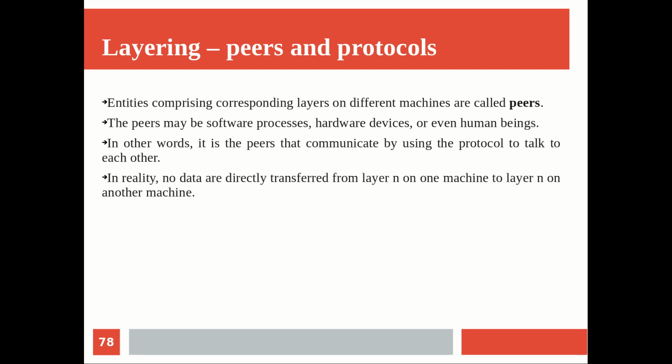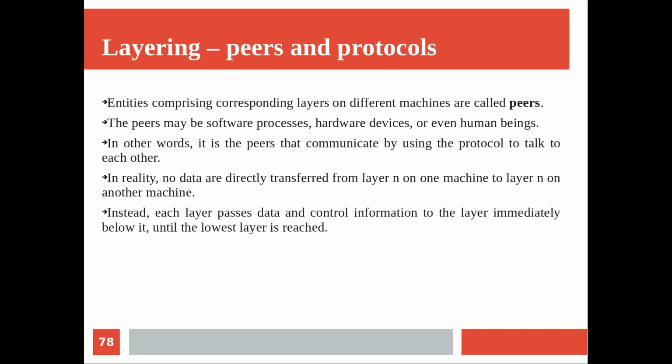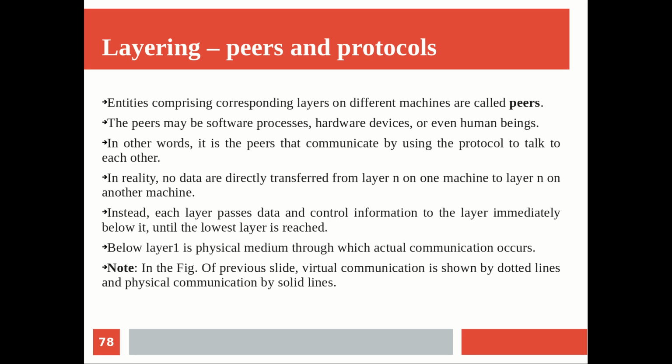In reality, no data is directly transferred from layer n on one machine to layer n on another machine. Instead, each layer passes data and control information to the layer immediately below it. That is what we saw in the previous slide. Layer 5 hands things over to layer 4, and so on until it goes to the lowest layer. In that way the information flows, and below layer 1 is the physical medium through which the actual communication occurs in the form of signals, mostly digital signals.